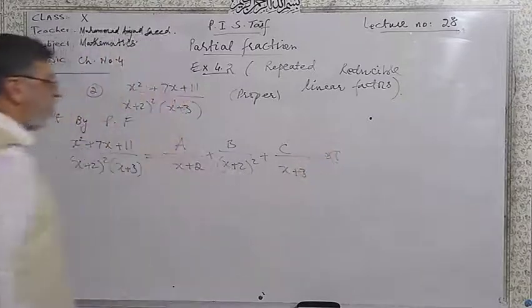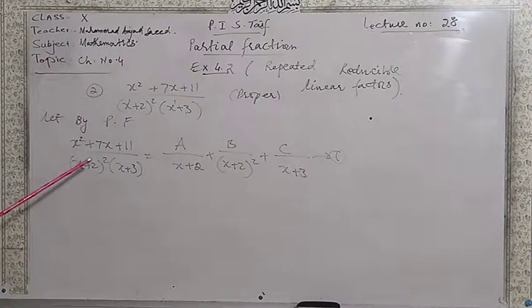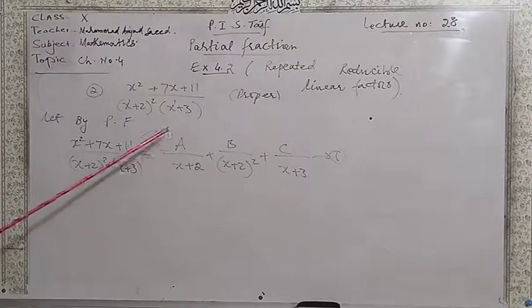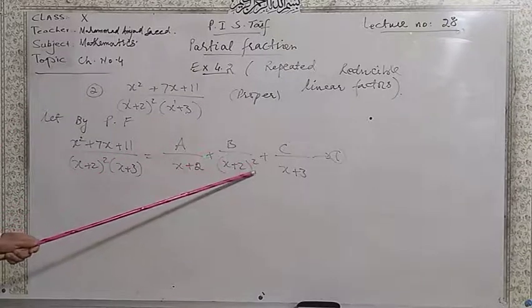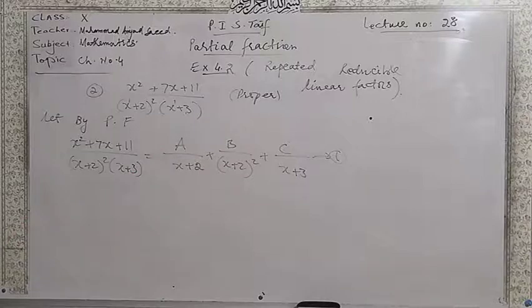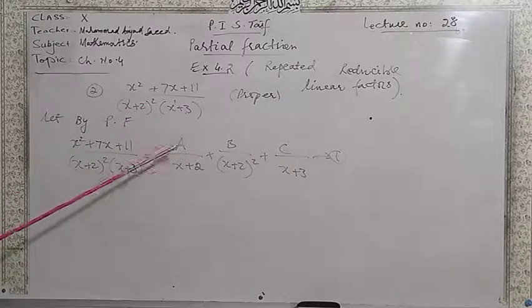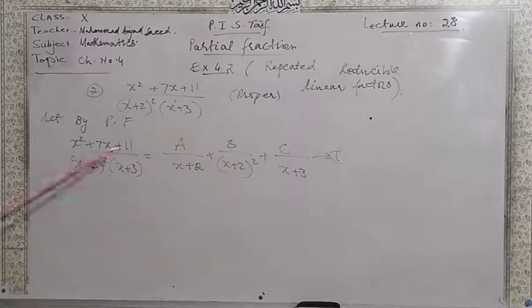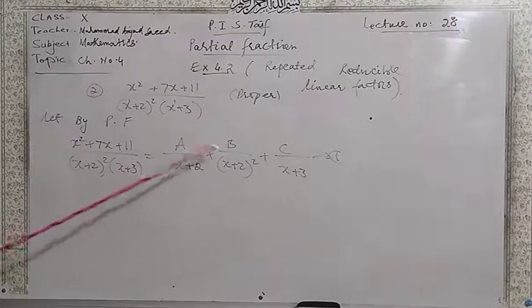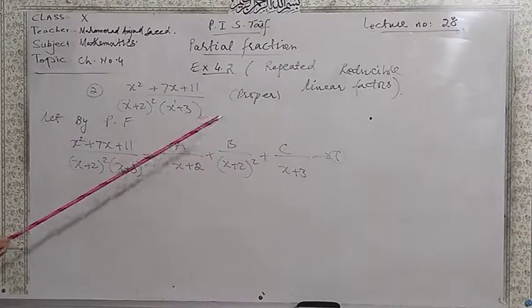Dear students, you can check for every power we need one constant. For first power we have a, for second power we have b. This is the way for the repeated linear factors. We will write down the constants above with each power of variable. Here first power of variable x is a. Second power of variable x is for b.